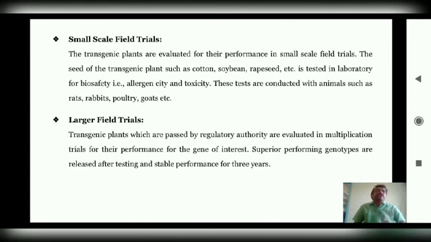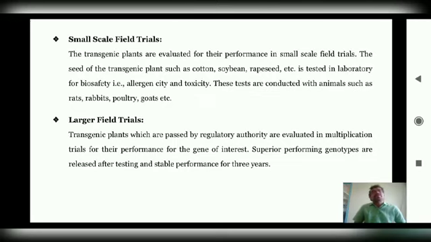So next we need to transfer them to small scale field trials. So the transgenic plants that are evaluated for their performance, then these plants are generally tested in small fields. So the seeds of transgenic plants like cotton, soybean, these are generally tested in the laboratories, and these tests are also conducted with animals.